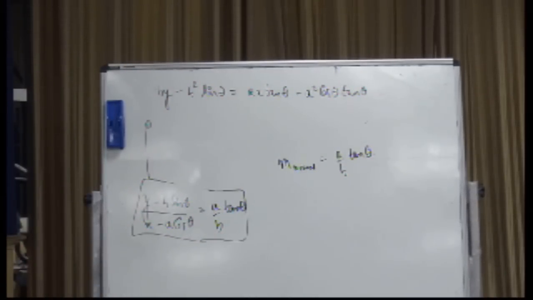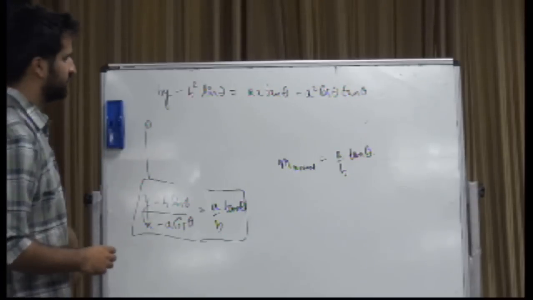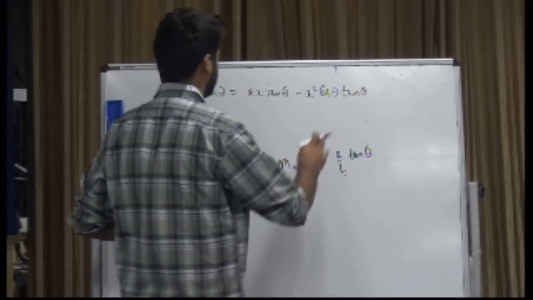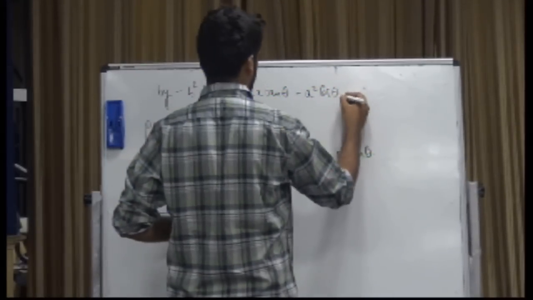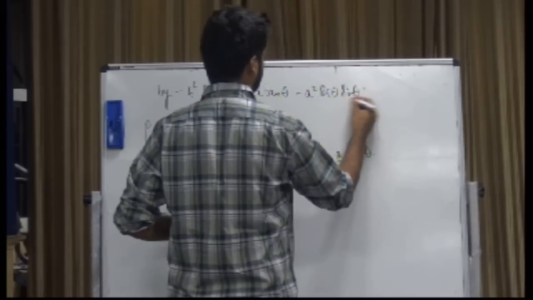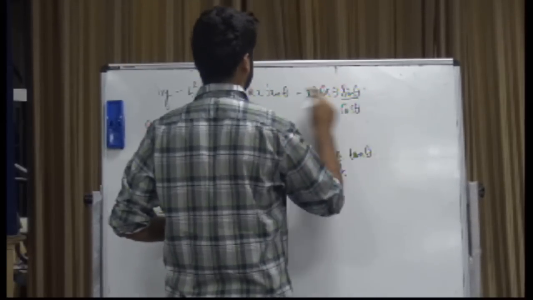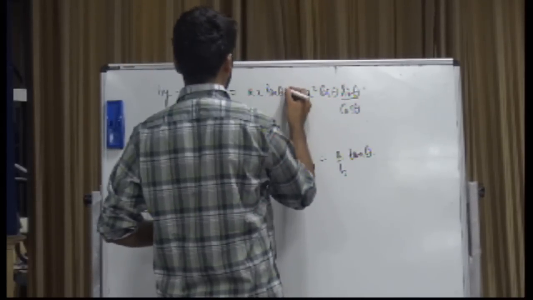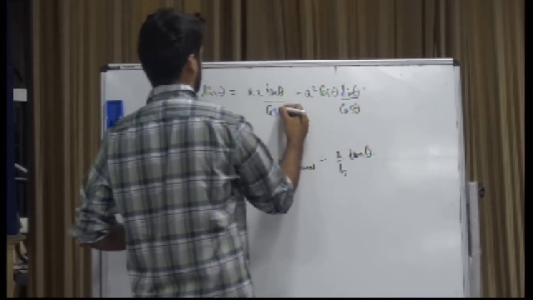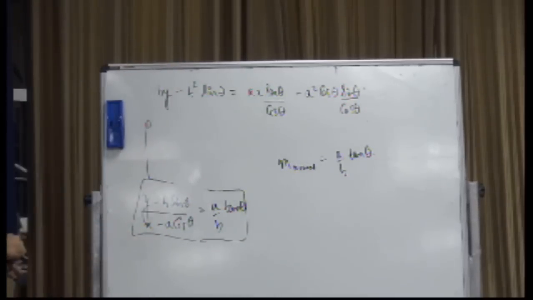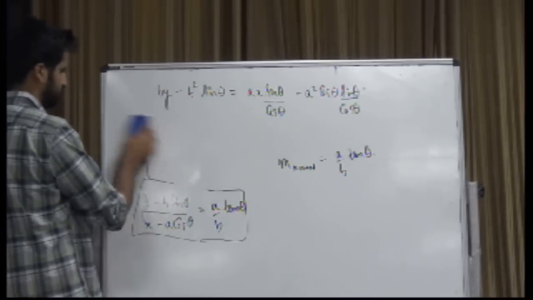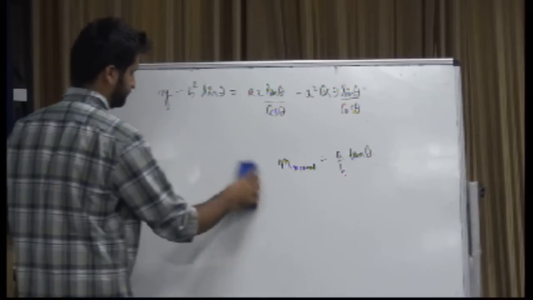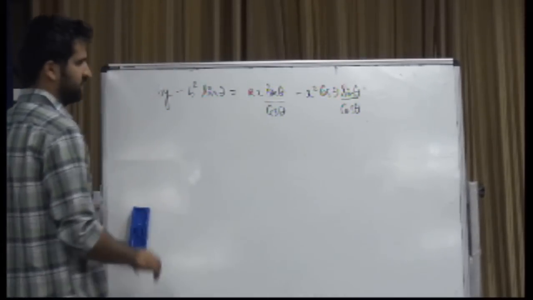Right? If you convert all of these into sine and cos, so you get sin theta upon cos theta. So this is what we are getting, right?